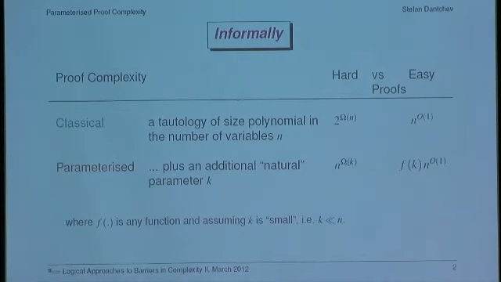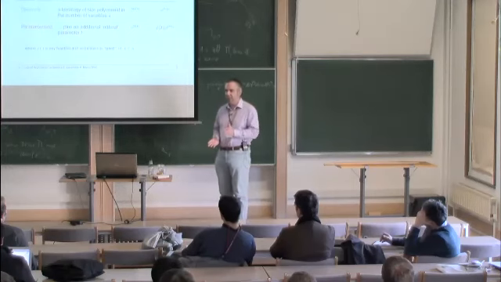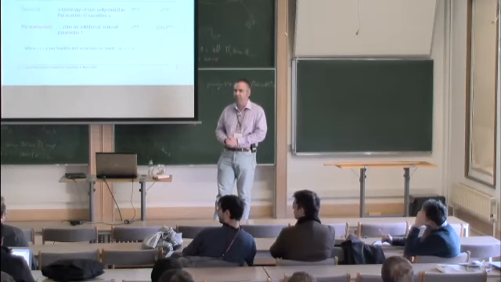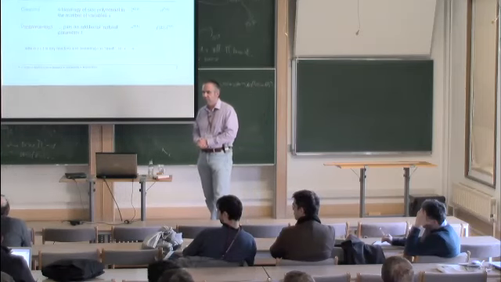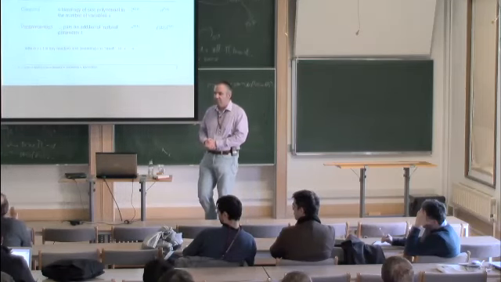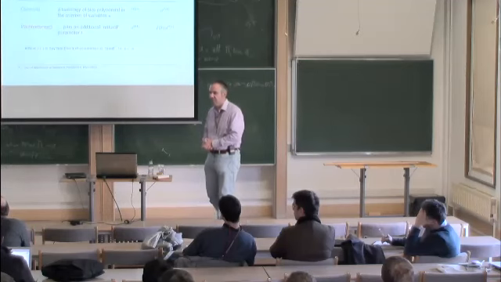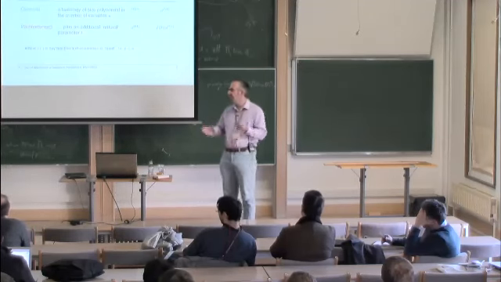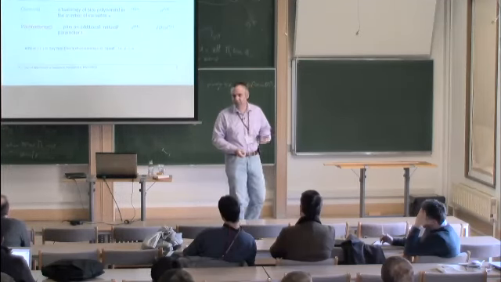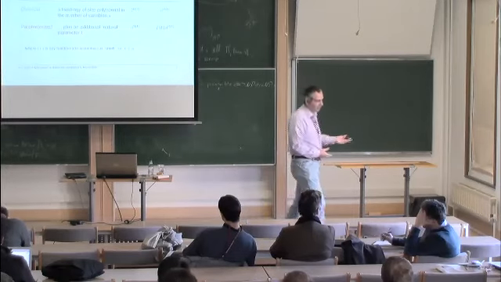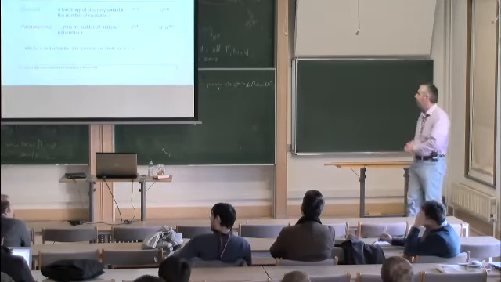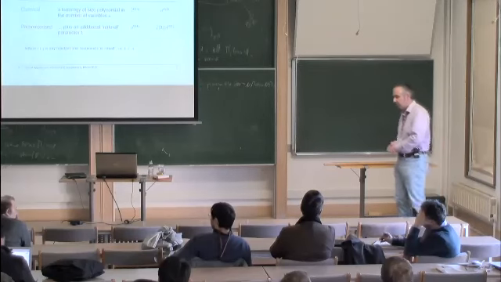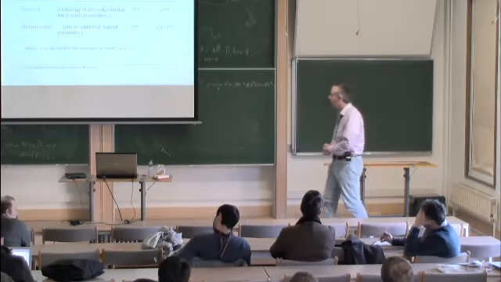In principle, it could be anything, but it makes sense to consider small parameters somehow. No, bigger than 2 to the n, I agree, but there's lots of room in between. Well, anyway, you will see examples, and you will realize that is what makes sense, at least in the context of these examples.